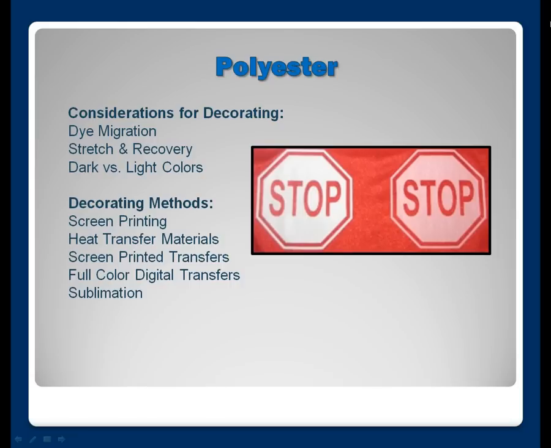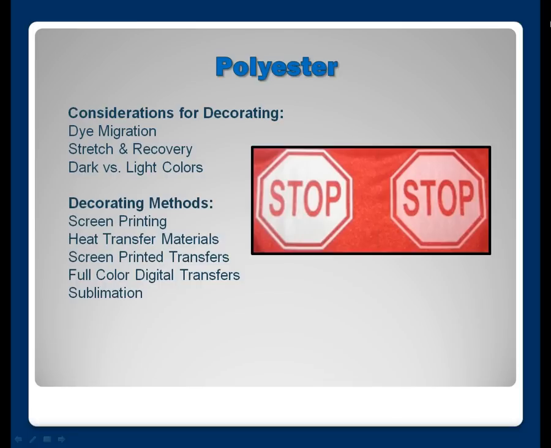So it's important that you use elastic inks, or inks that have some elasticity to them, tongue twister, and also with heat transfer materials. Actually transfer papers, there are different types of transfers and heat transfer materials that do allow for stretch. They've got that built into them, so they will stretch and recover.